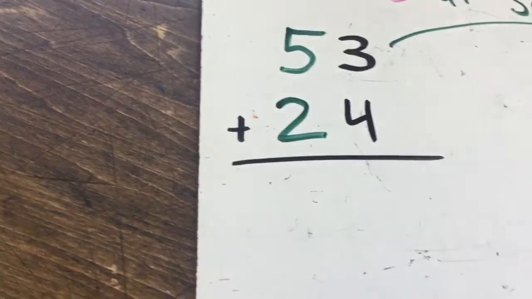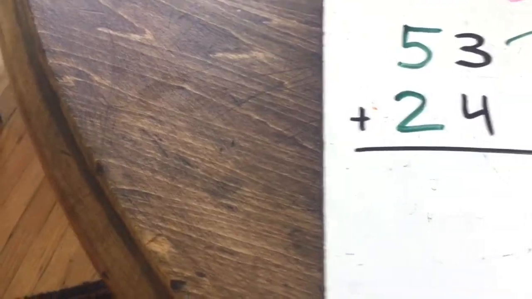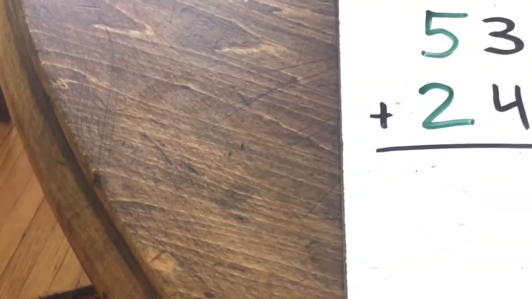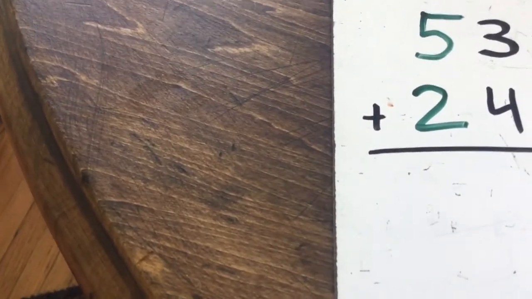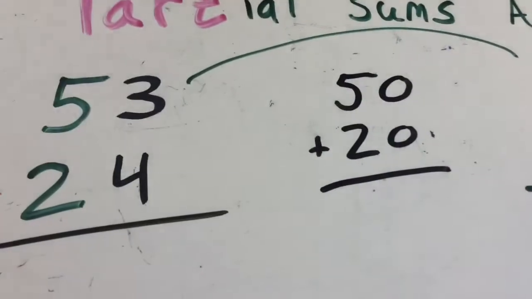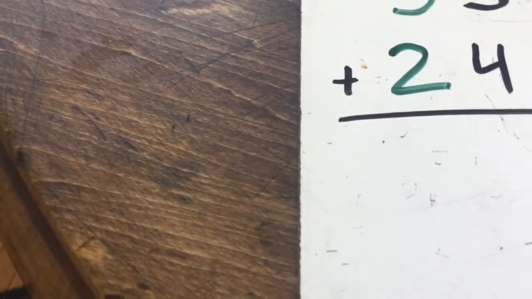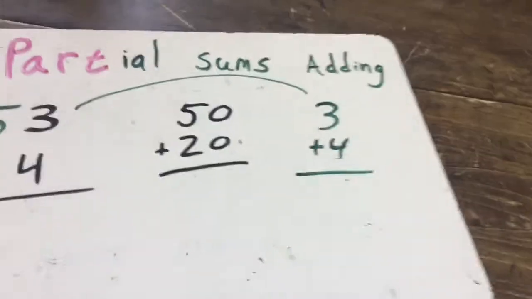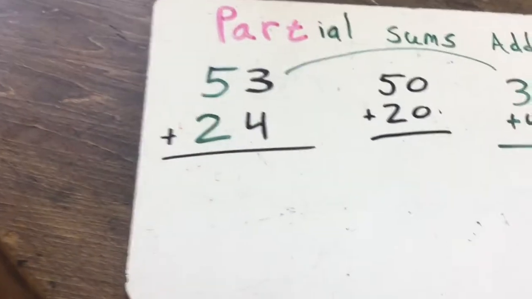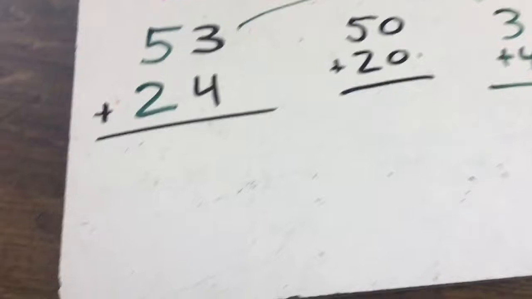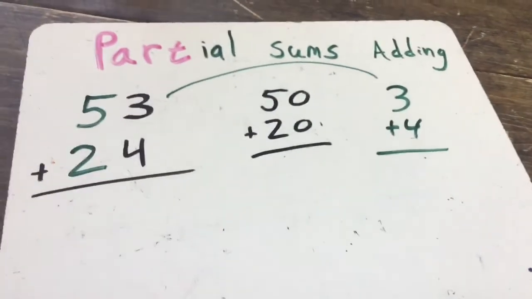Those numbers are 50 and 20. 5 in the tens place is worth 50, and 2 in the tens place is worth 20. So I'm breaking apart my problem into two places, ones and tens. If there was hundreds, I'd have hundreds out here, but I don't.